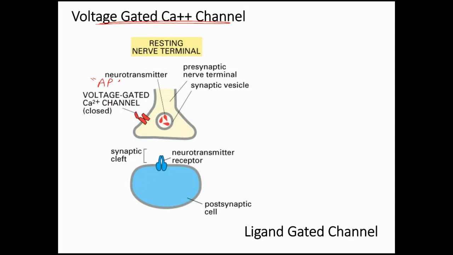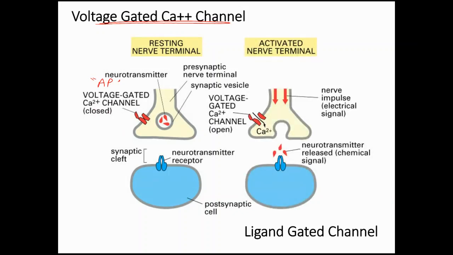When the action potential reaches the nerve terminal, that change in voltage of the membrane potential is going to now open up a calcium channel. And when you open up a calcium channel, the calcium is going to flow into the cytosol, right? And cytosolic calcium is a super important trigger.